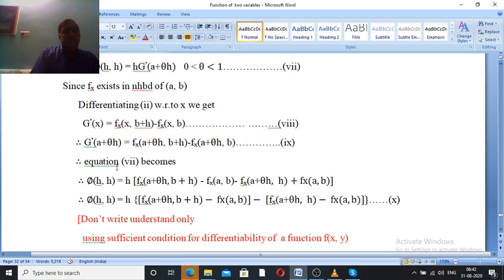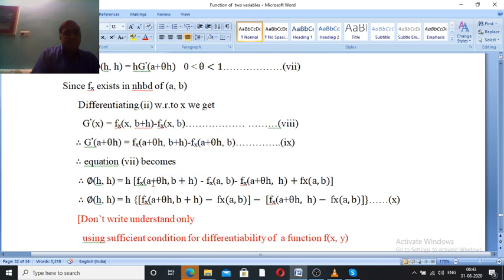Therefore, equation 7 becomes phi(h, h) is equal to h times g'(a+theta h), that is fx(a+theta h, b+h) minus fx(a+theta h, b).